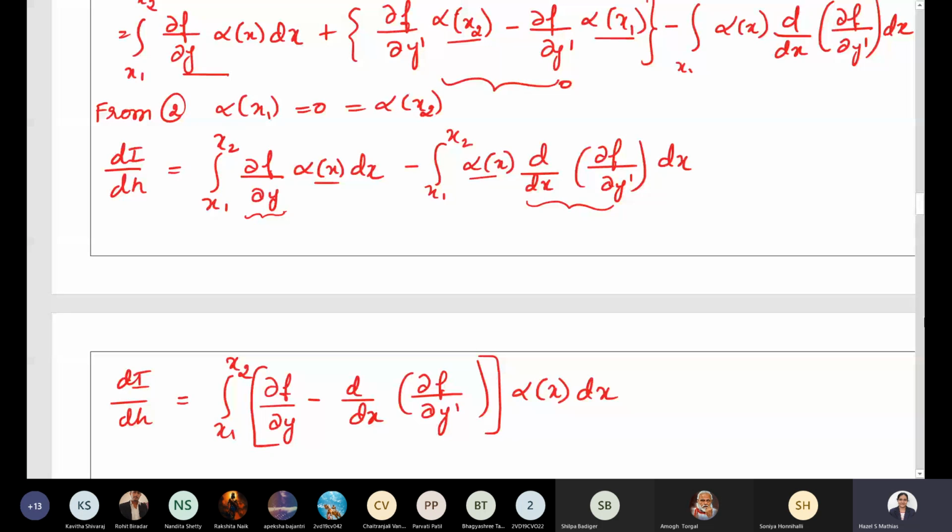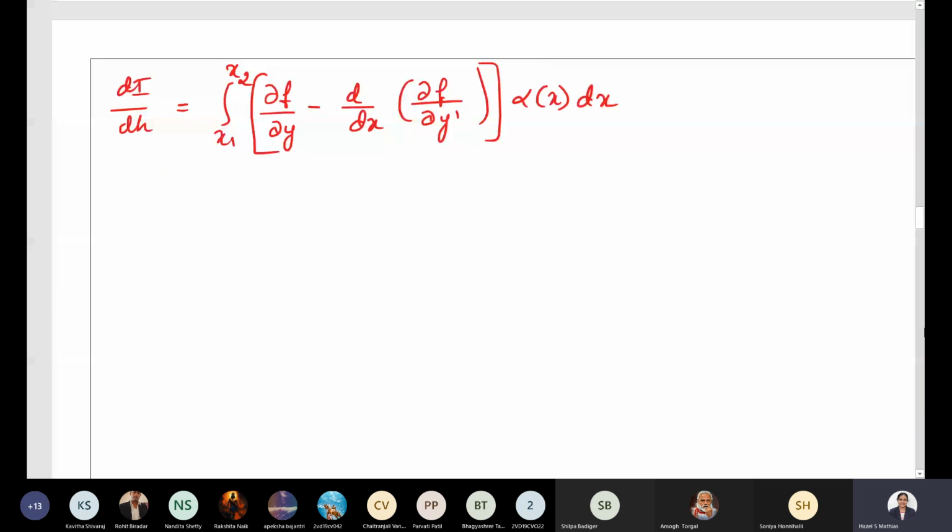Now after this, we have said that for the function to attain extremum, dI/dh must be equal to 0 when h is equal to 0. When this condition is satisfied, I attains extremum. We require the functional to achieve an extremum value. We want a necessary condition for the functional to attain extremum, and that is possible when dI/dh equal to 0 when h is equal to 0.